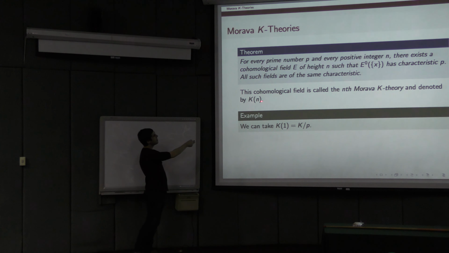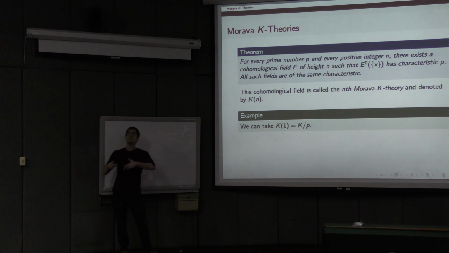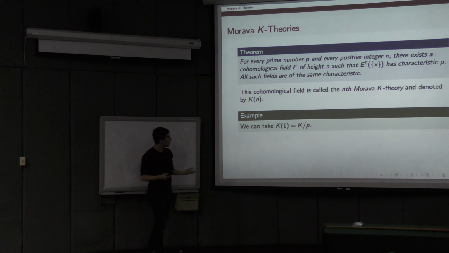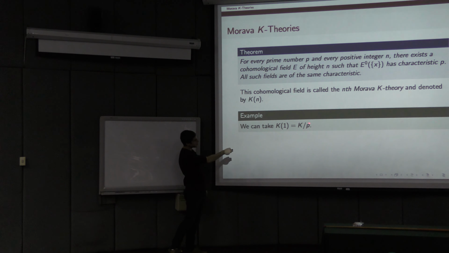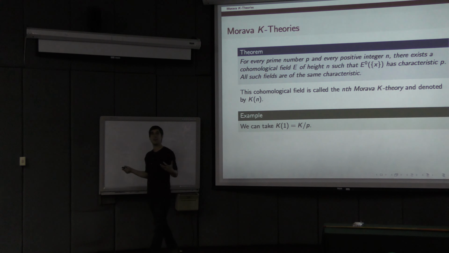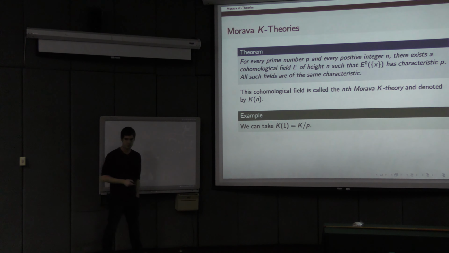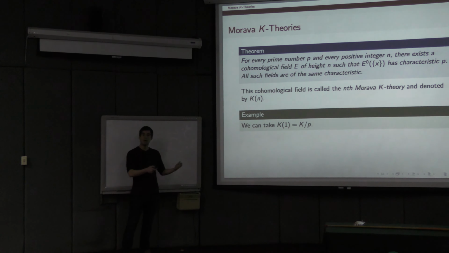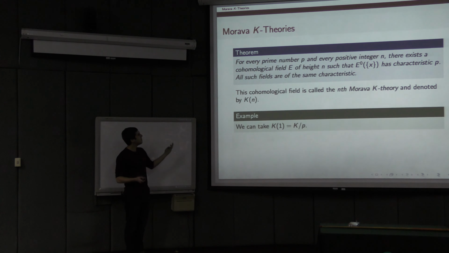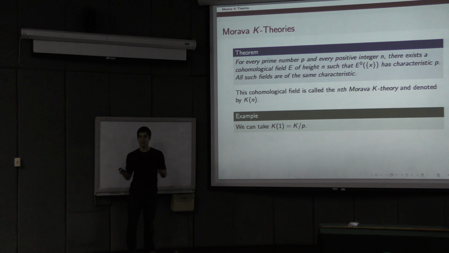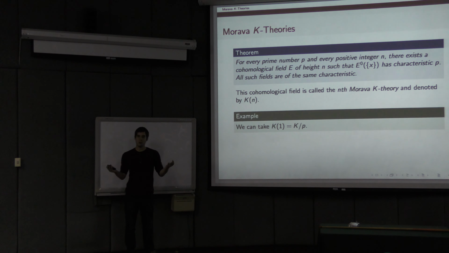These other Morava K theories are supposed to somehow be higher versions of ordinary K theory, or more precisely, higher versions of ordinary K theory reduced modulo p. And if you wanted to study several Morava K theories and relate them, you would assume that p was fixed and n was varying.